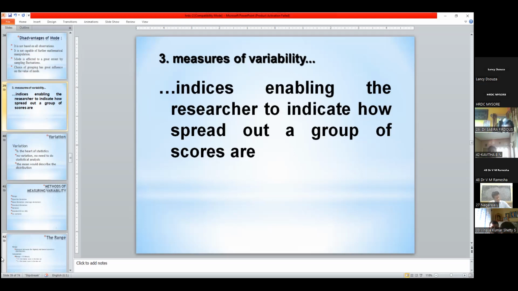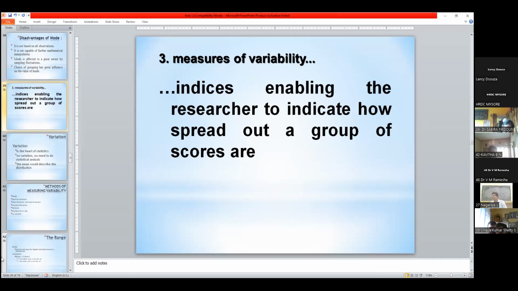Then we talk about the measures of variability, the next set. We have finished graphical presentation. Sorry, we finished measures of central tendency. Now on the third level, we move on to the measures of variability. Now remember, how is the measure of variability different from measures of central tendency?